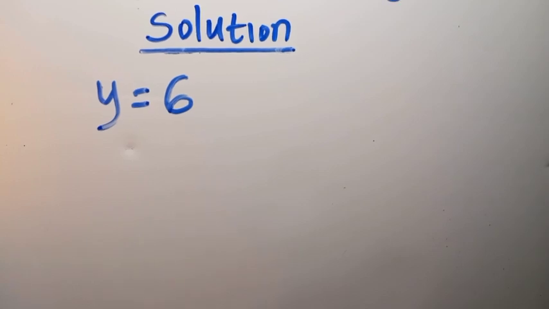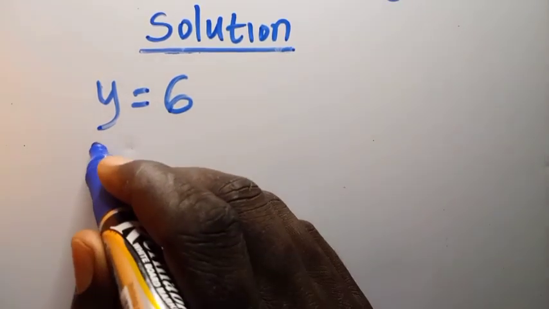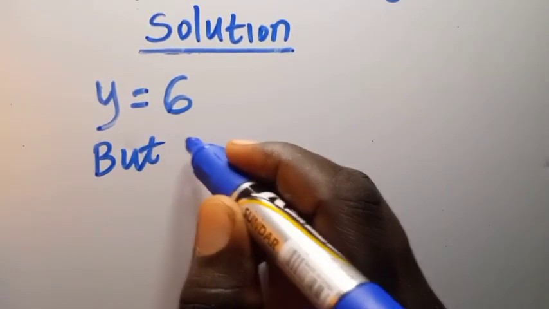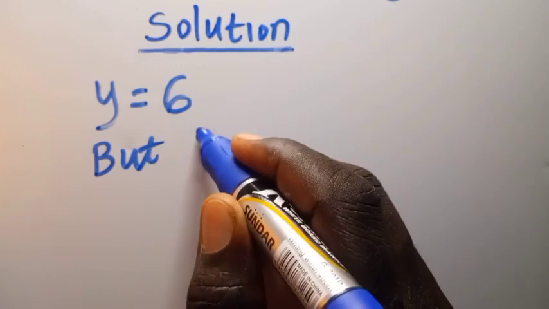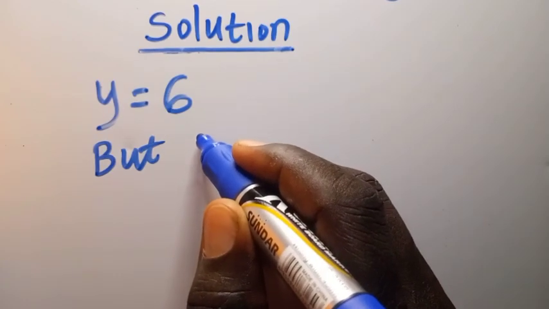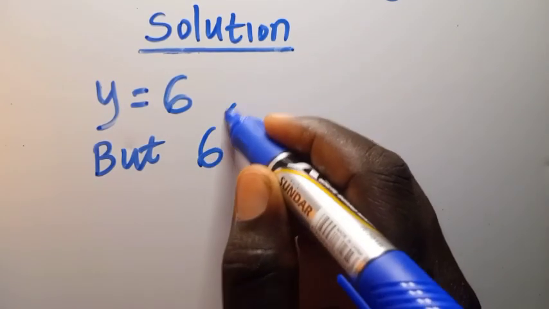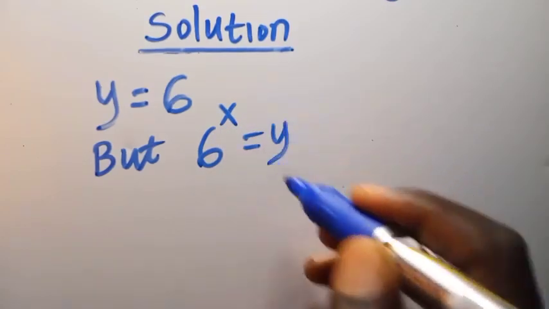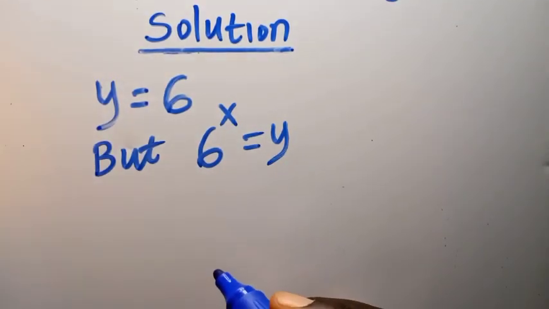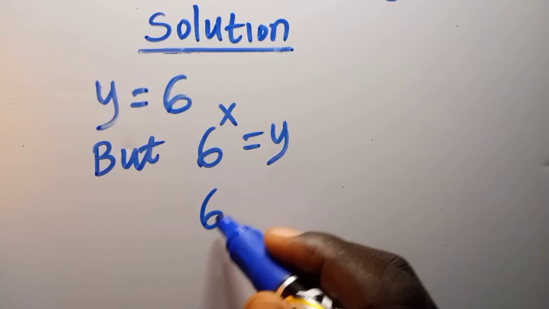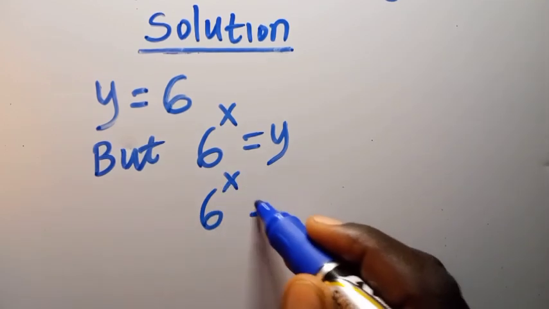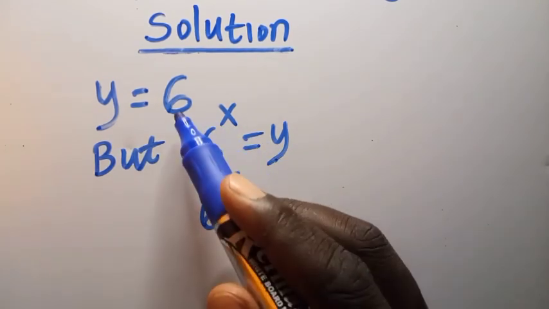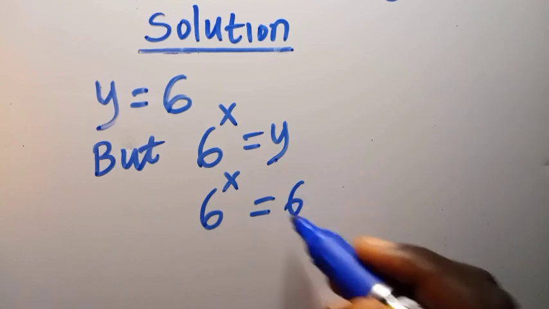Now, since the value of y is 6, but we had let 6 raised to x be y, therefore we shall have 6 raised to x equals to 6.